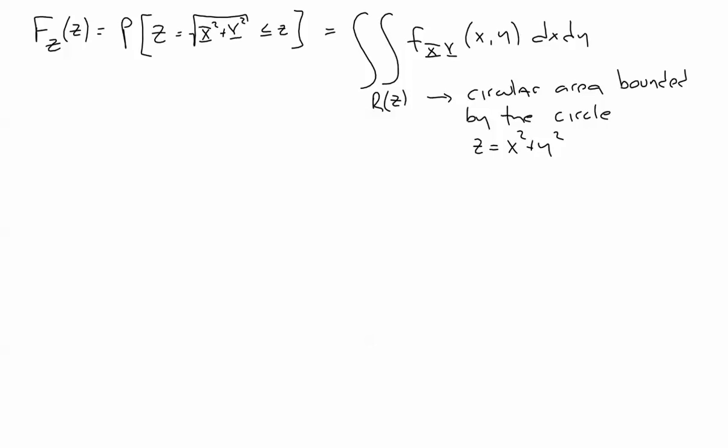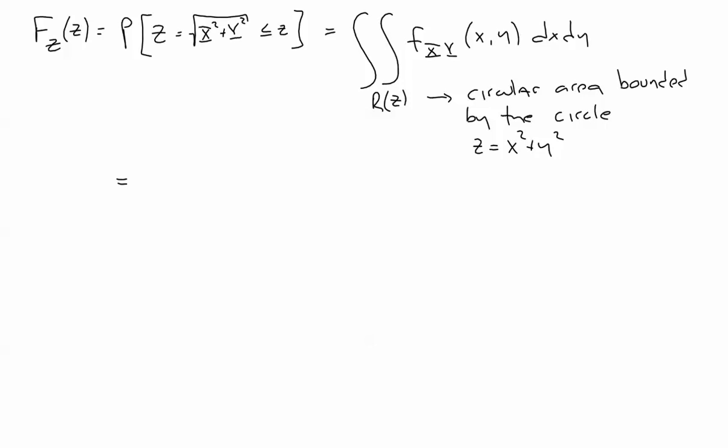And of course z is a variable, so as z increases, the circular area over which I'm going to integrate my joint probability density function increases. All right, that's kind of hard to do in rectangular coordinates. Let's put it in polar coordinates. Let me start over here on the right hand side.